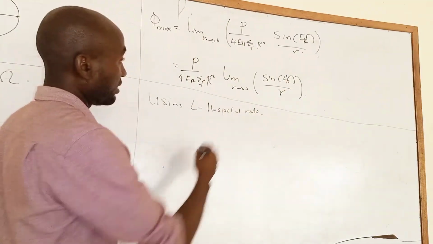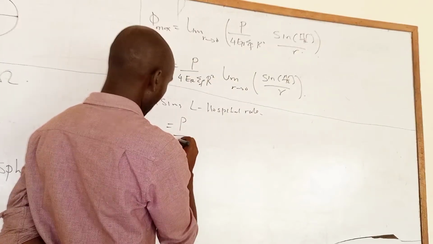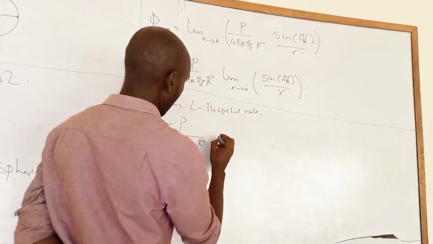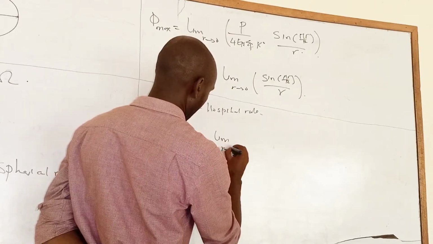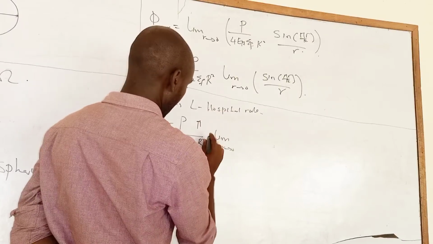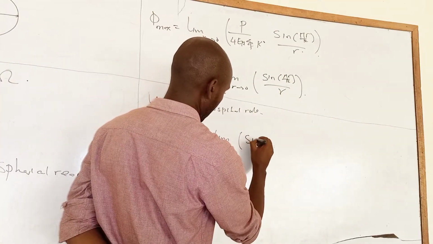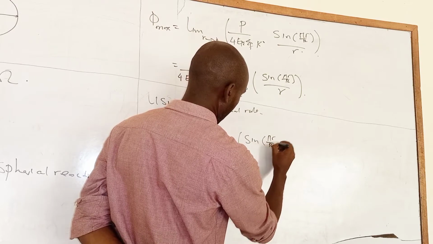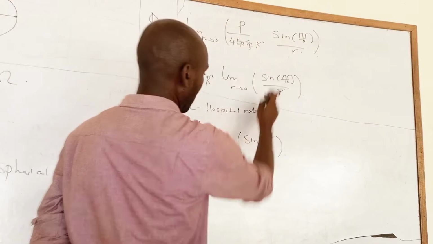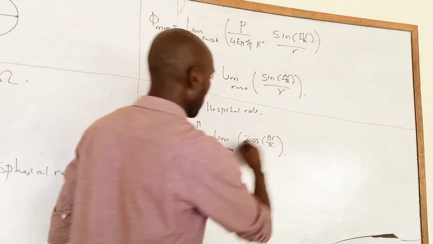The numerator will give pi over R times cos, so when r equals 0, the cosine will be 1.